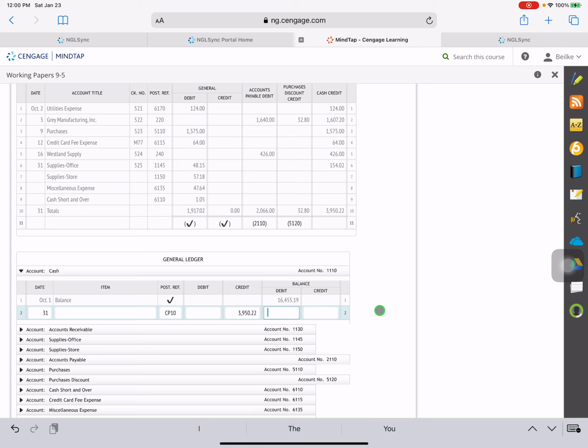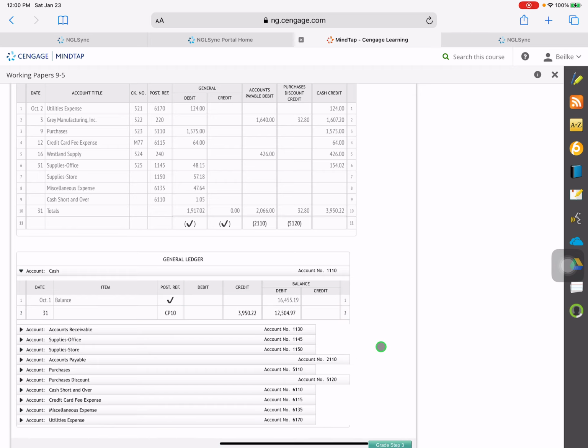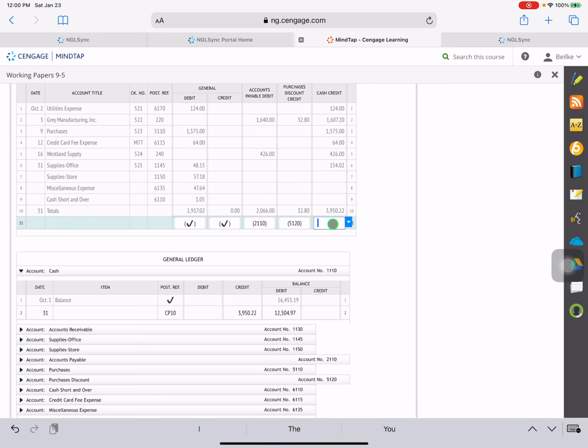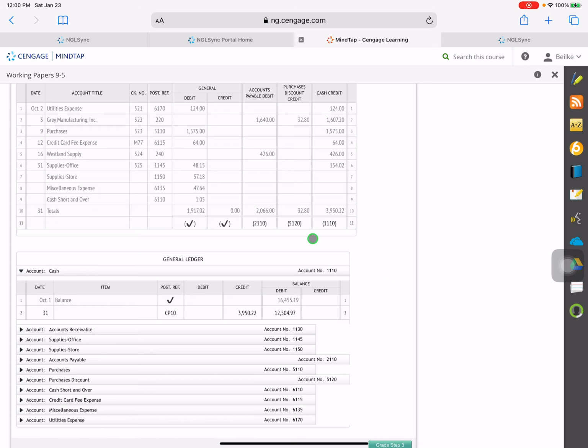We have a debit already in there. We are crediting, so we have to subtract, and we come up with $12,504.97. Our last step is to go up in here and make sure we put the post reference number of 1110. And now we have posted the special amount columns.